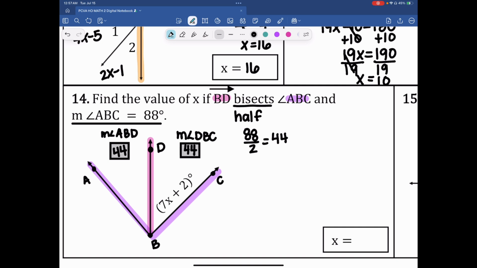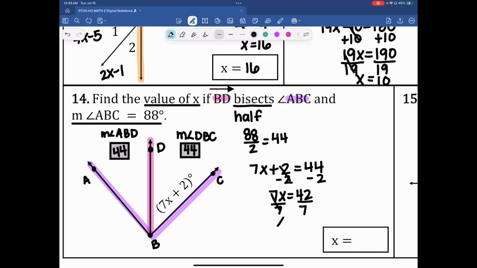So now that I know that, I can set it up and I can find the value of x. So I can say 7x plus 2 equals 44. So I'm going to subtract 2. So 7x equals 42, and I'm going to divide by 7.